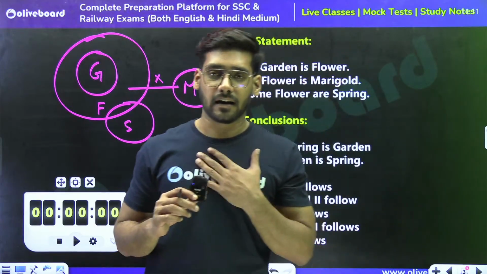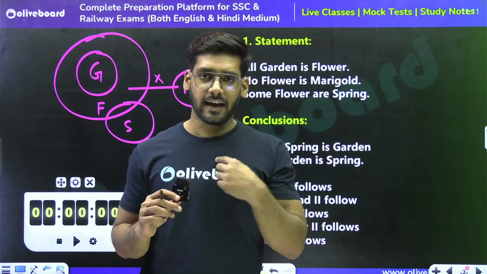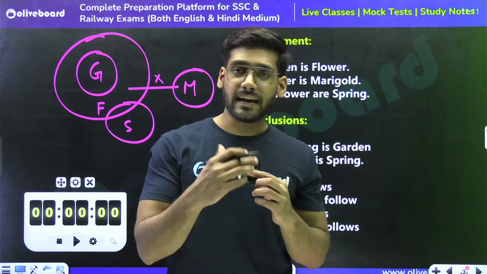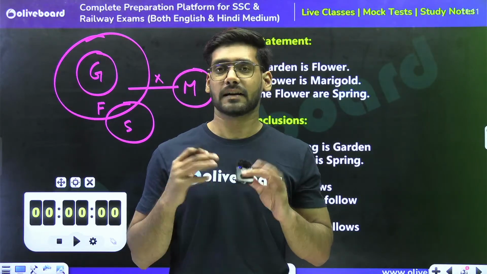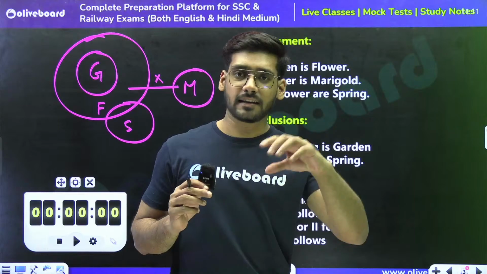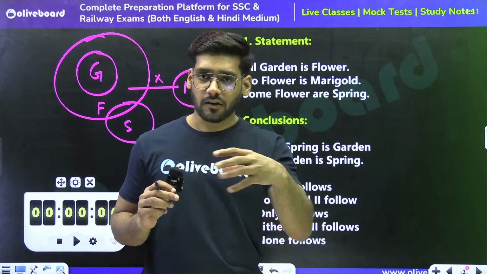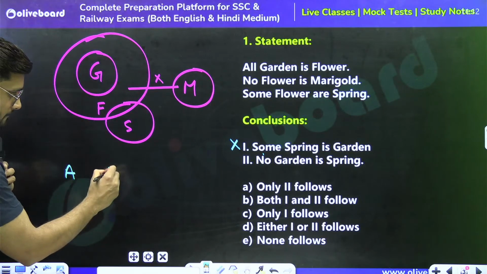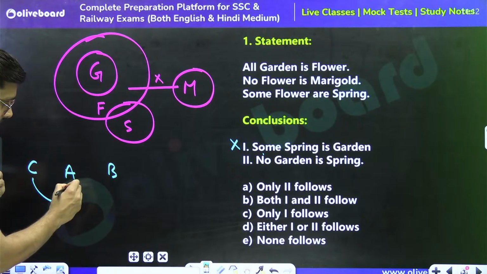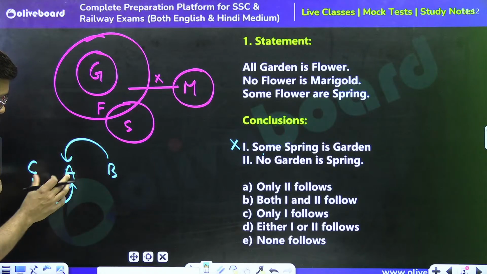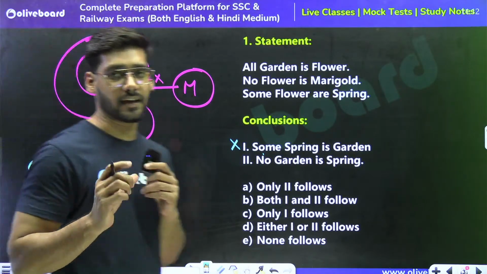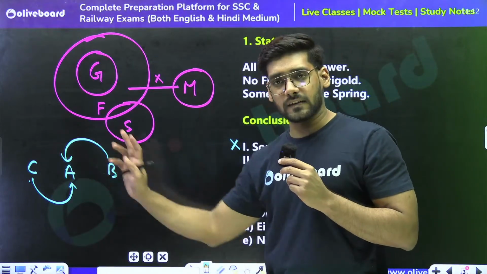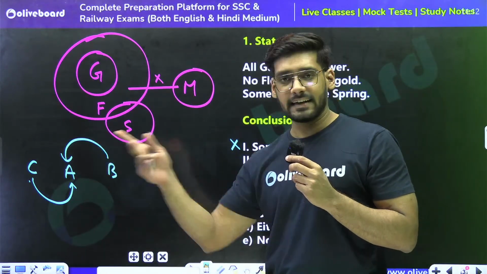For example, you don't know my age and you don't know about me and I don't know about you. So I cannot say anything about you and you cannot say anything about me. Let's say there are three persons, A, B and C. C is the friend of A, B is also the friend of A, and C and B are both invited to the party of A. A knows C and A knows B, but B and C do not know each other.